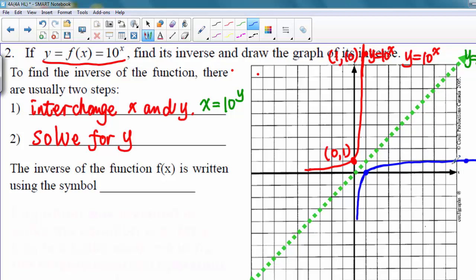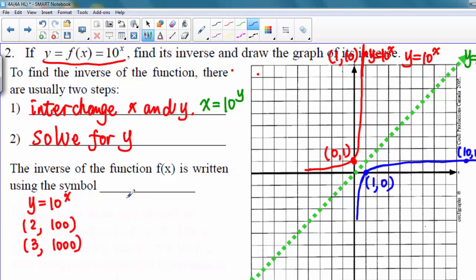Okay, so we can graph its inverse, and we also know the inverse of y equals 10 to the power of x passes through (1, 0), (10, 1). And then we can even find more points. The original function also passes through (2, 100), (3, 1000).